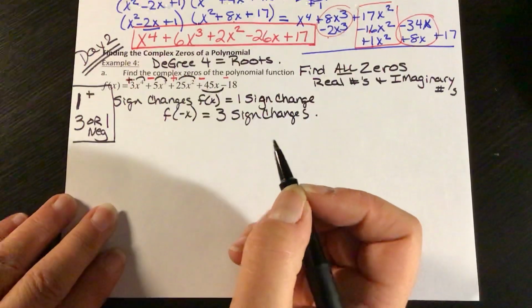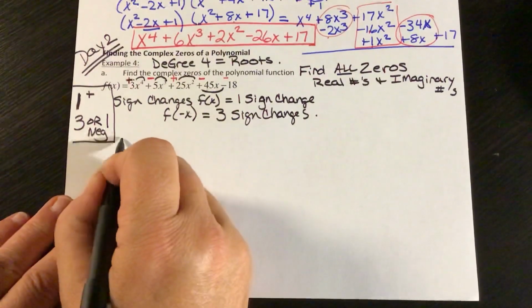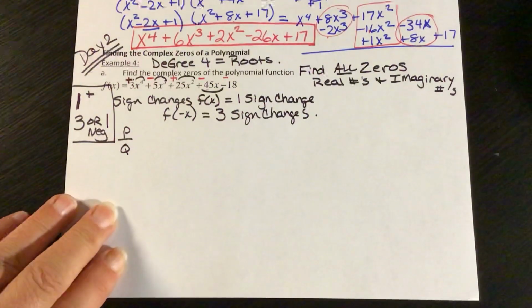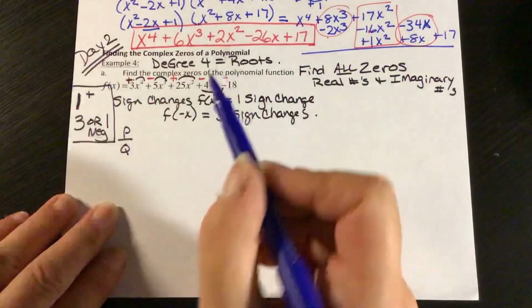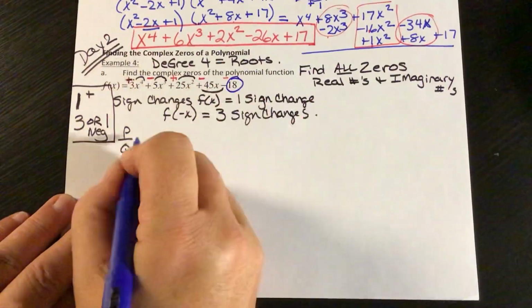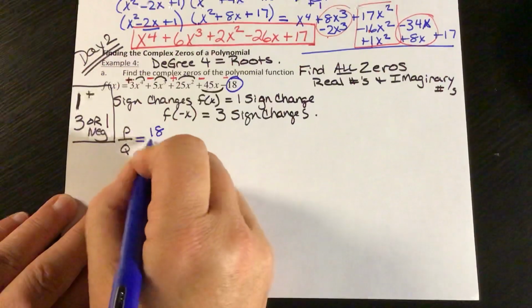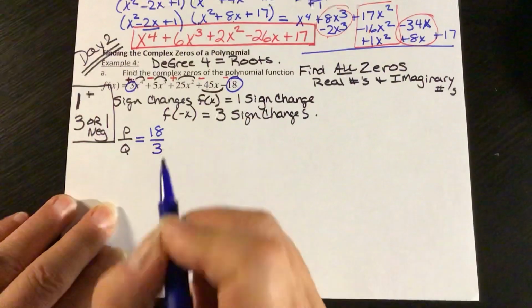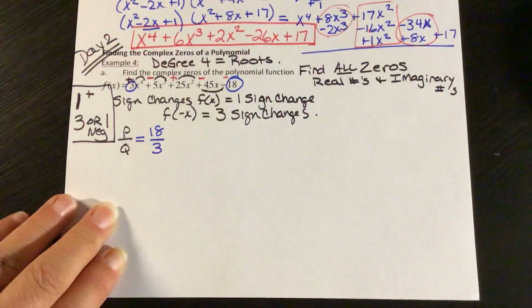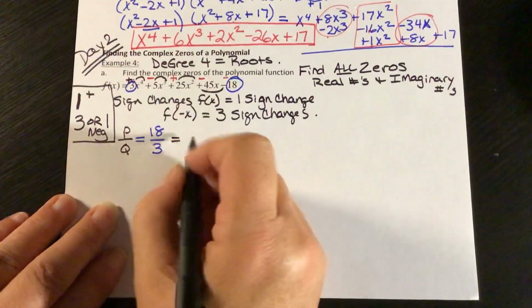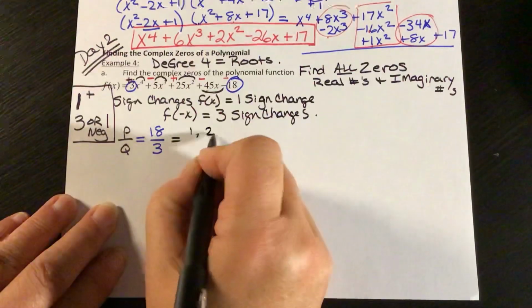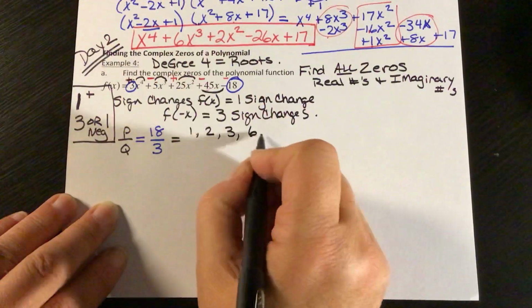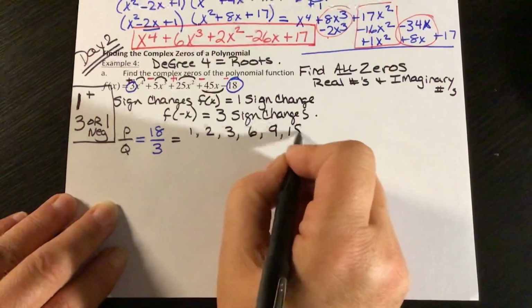So now if I look at my coefficients, I'm going to look at my P's and my Q's. The P is 18. And my Q is 3. So if I write all of my factors of 18, I have 1, 2, 3, not 4, not 5, 6, 9, and 18.